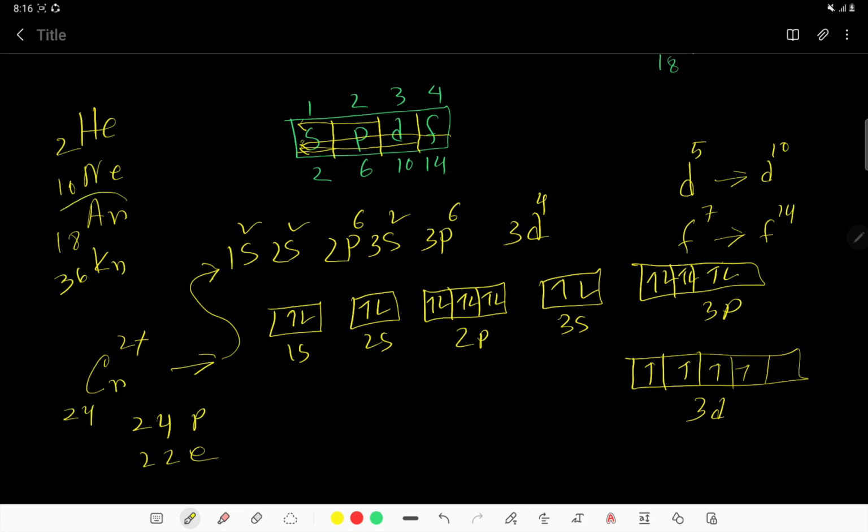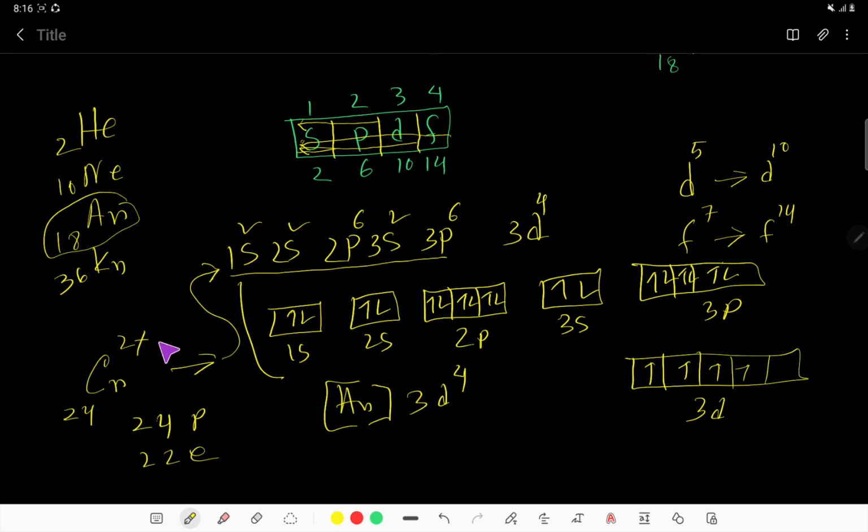So this will be argon. Argon has 18 electrons, so 2, 4, 6, 10, 12, 18. So you can substitute this like this: argon, then we have 3d4. So this is the noble gas notation electron configuration for chromium 2 plus.